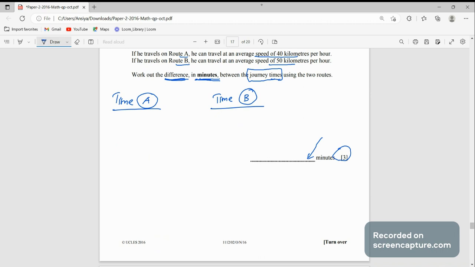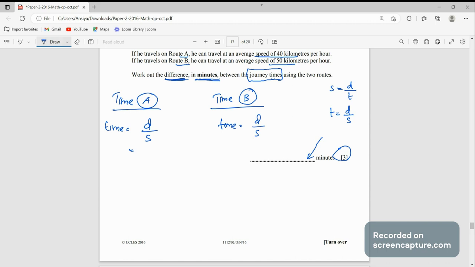Now, what is the equation for time? We know speed equals distance by time. So if we need time, that is distance by speed. Time equals distance by speed.